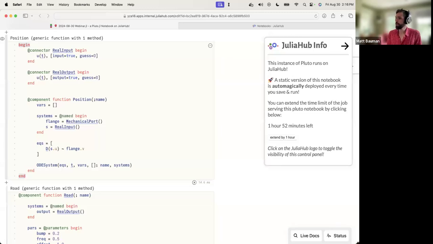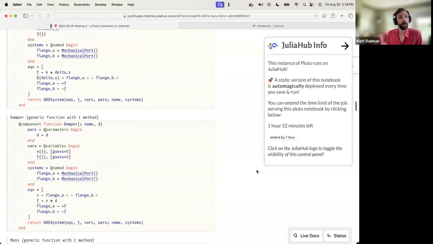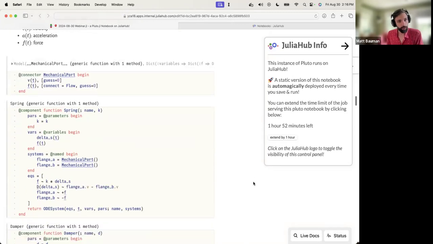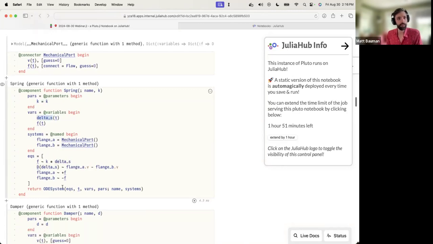I guess another question here is in terms of how we can specify the initial size of the spring as a parameter of the spring. Well, when we defined our spring, right, we have our parameters here and our delta S, and that's going to just be the initial values of the flange displacements, and the S's there.